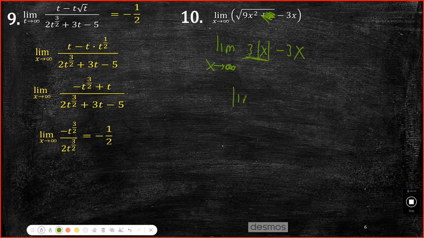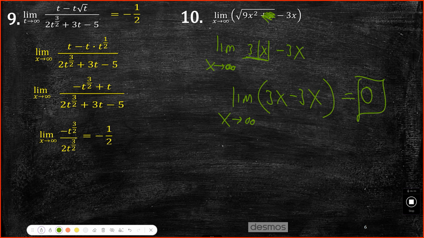So we're going to do the limit as x approaches infinity of 3x minus 3x. Well, the answer seems to be 0. But that would be incorrect, because the limit is not 0.